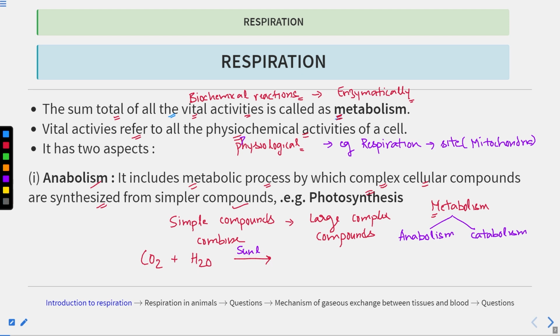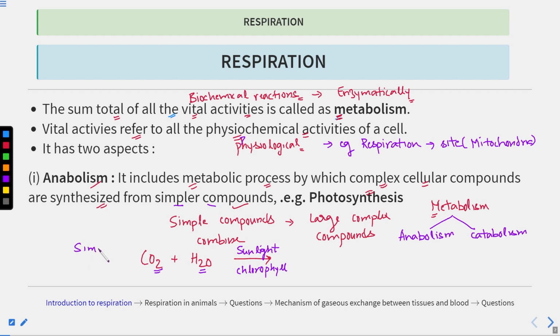Sunlight is required for photosynthesis, as well as chlorophyll. Chlorophyll is the photosynthetic pigment that absorbs the light and converts light energy into chemical energy. So what are carbon dioxide and water? These are simple inorganic compounds.